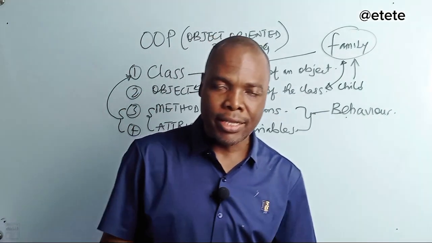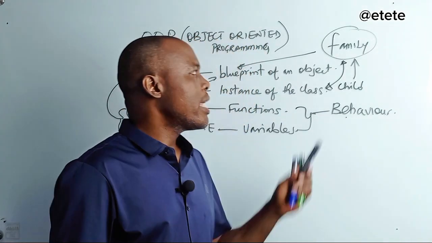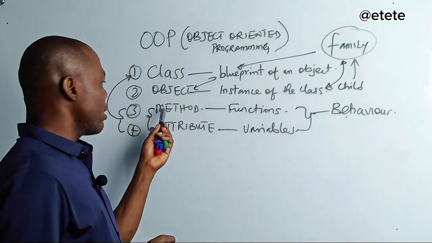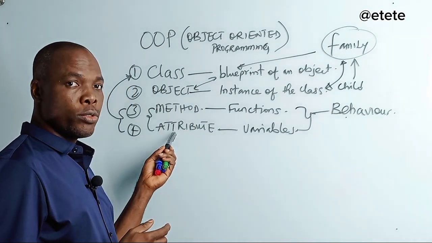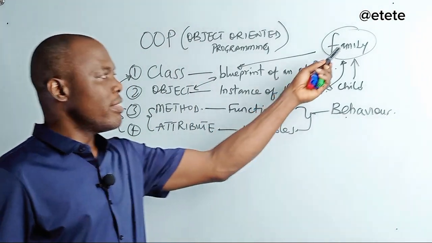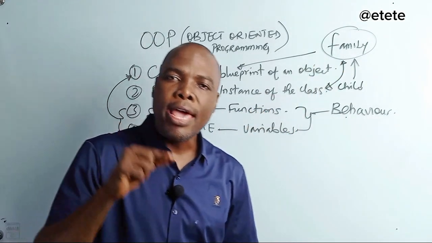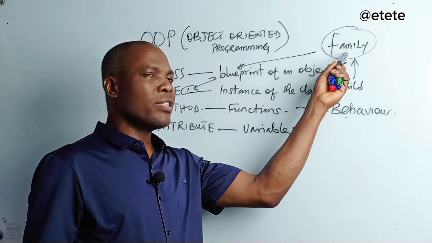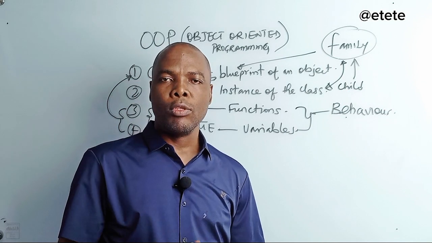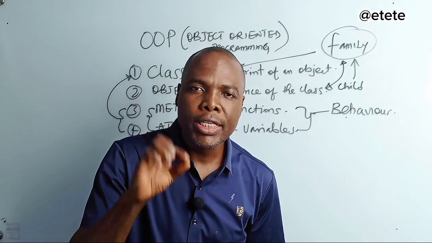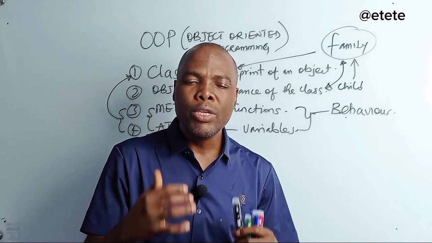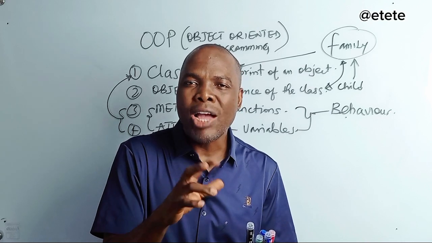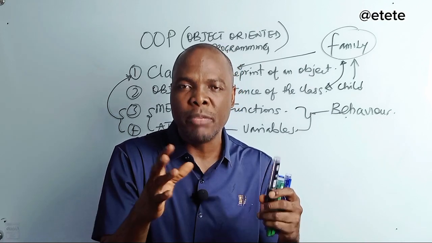So what am I saying? What I'm simply saying is that every family has behavior in it, which is method, that is functions, and attribute, which is data, defined in the family. Every child that is born into that family is simply going to implement the behaviors that are inside this family. So, warning: if you see anybody in your family who is exhibiting a type of behavior that you think is bad, you don't have to condemn that person and push the person out.